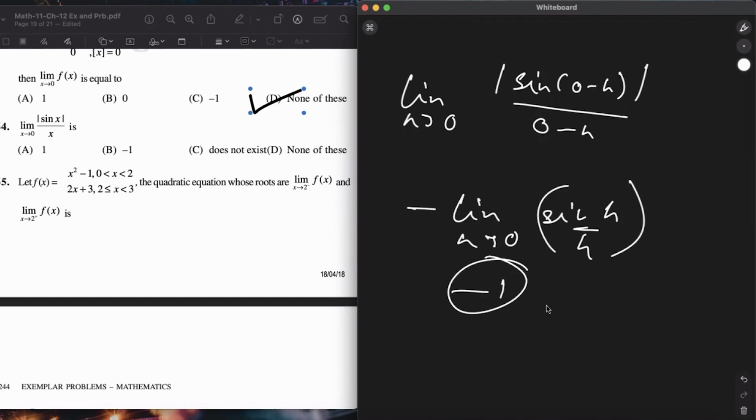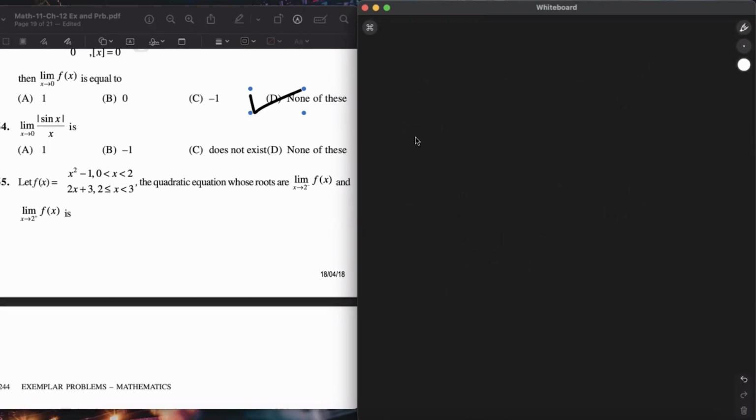All right, simple enough. Now let's see what happens when we approach the same limit from the right hand side. So right hand limit x tends to a 0 positive mod of sin x by x.